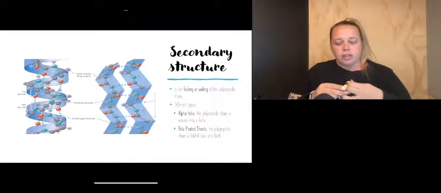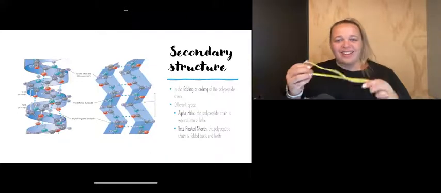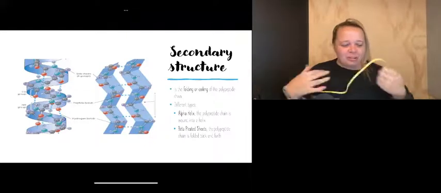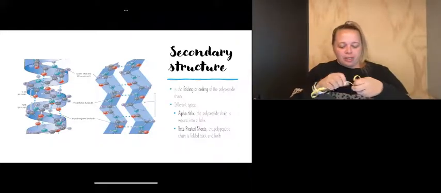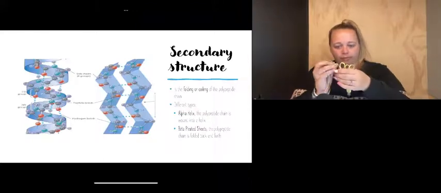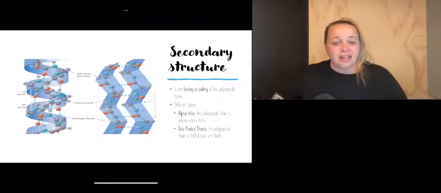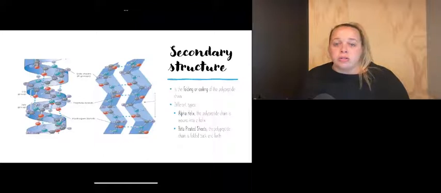When we talk about secondary structure, we talk about them being either a beta pleated sheet, which is where they're folding back on each other like an accordion, or an alpha helix. So that's what we call the secondary structure of a protein. So it's either folding or coiling of that original chain.